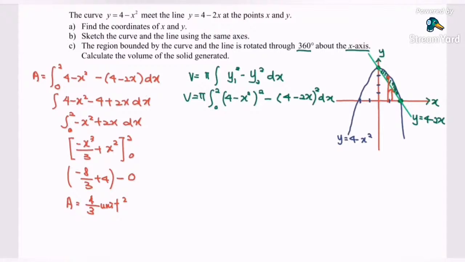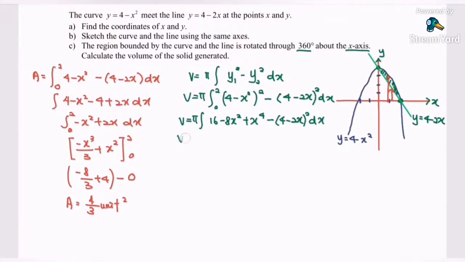So kindly expand the situation. So v is equals to pi integrate. We have 16 minus 8x square plus x to the power 4 minus bracket 4 minus 2x square with respect to x.